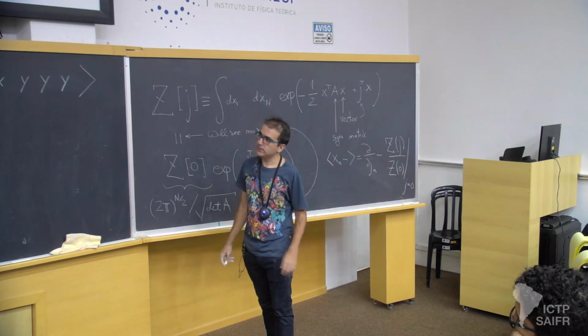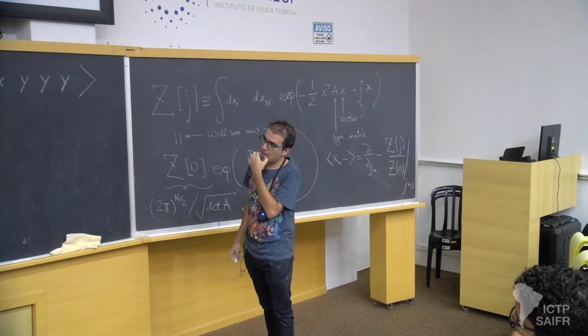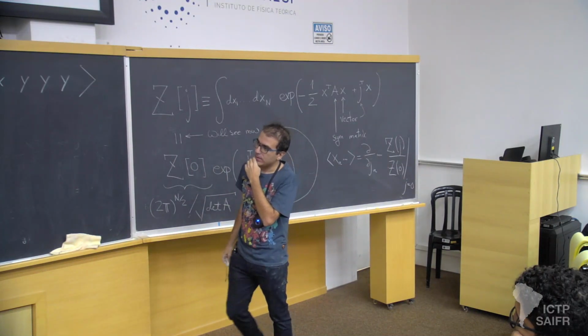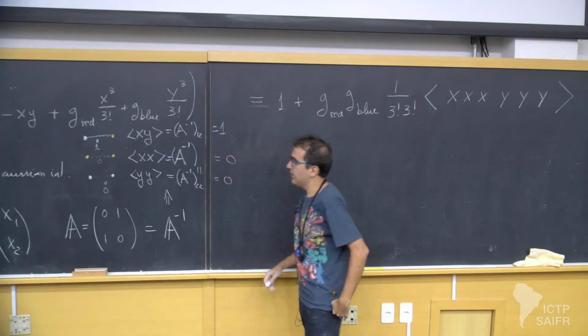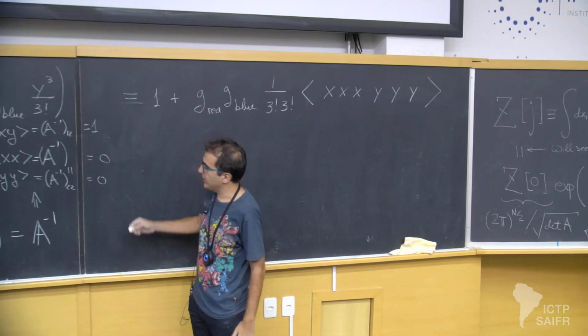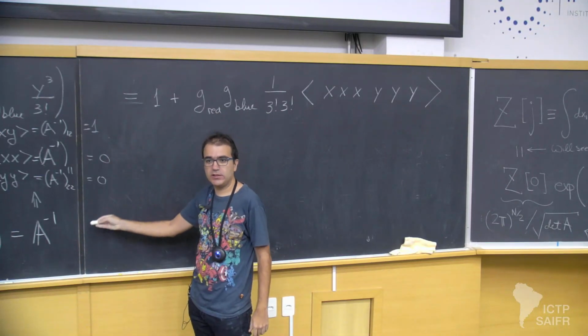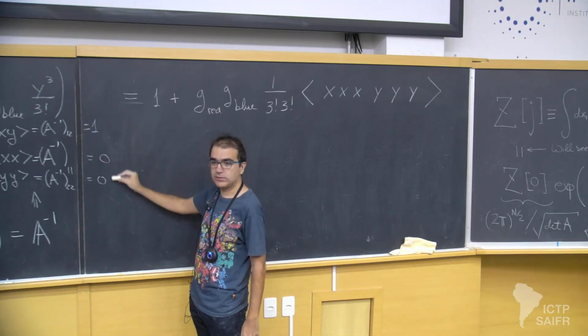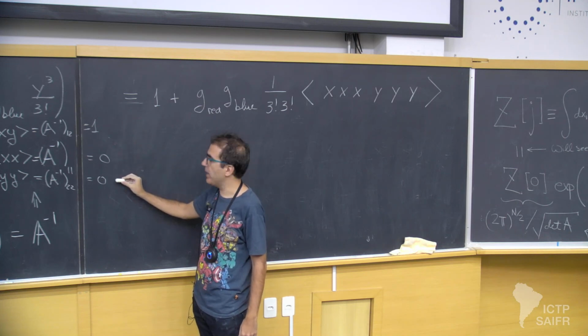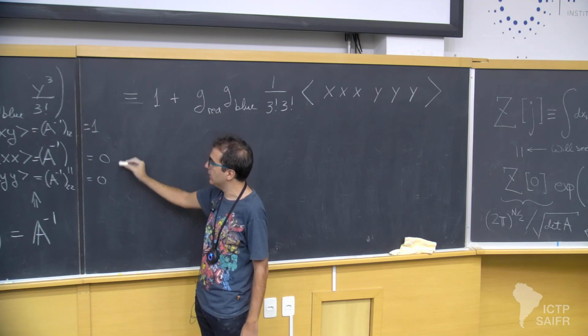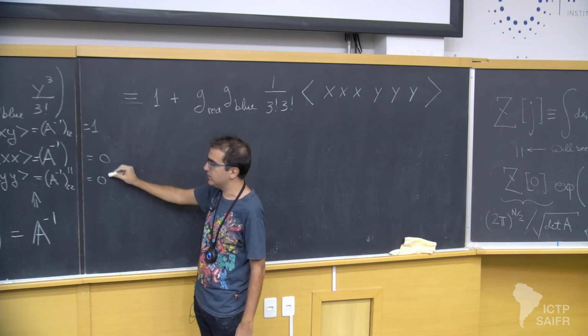Yes? I'm sorry, how did you find out that the first term is minus xy? Sorry, I should have said it more slowly. So you see, the way I would find out is going in the opposite direction. This is what I want. I want to have these contractions. I want the rules for my graph to be such that I get 1, 0, 0.